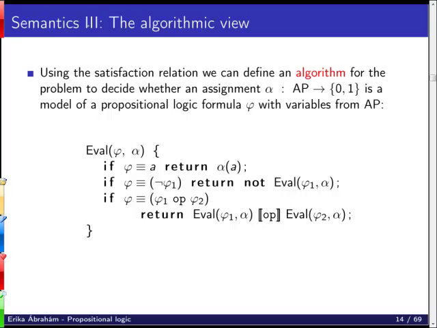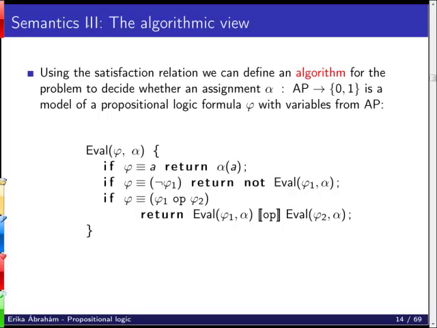If it is, let's say, a conjunction, then you compute the values of the two operands and return the conjunction of them, the end. If it is another operator, this means the semantics of the operators. That means if here you have the operator conjunction, then here you have and. If it is disjunction, here you have or. If it is implication, here you have implies, and so on.